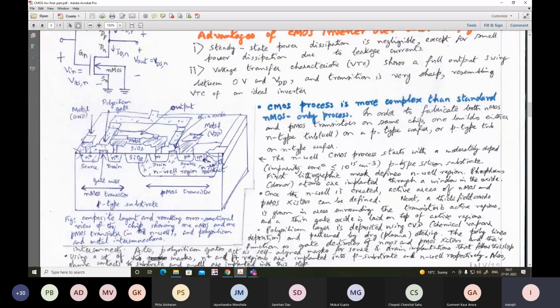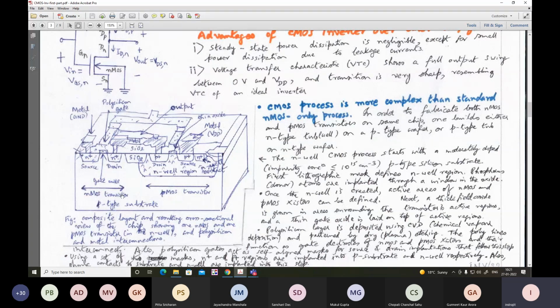Now we describe the procedure of fabrication, first depositing an N-well region, and then how to fabricate the transistors and define the different conducting layers. So first we have an underlying substrate, a lightly doped p-type substrate.